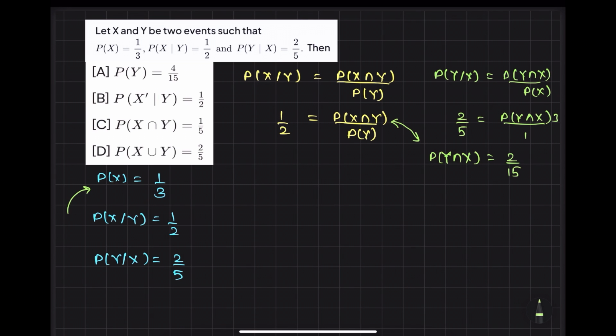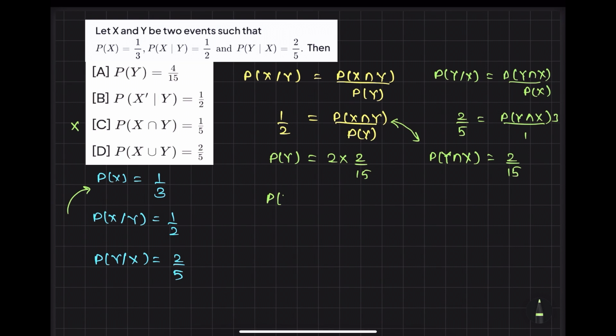And here look at this, they are saying that P of X intersection Y is 1 by 5, but you know it is 2 by 15, so this is wrong. Correct? Now we will substitute there, so we will get P of Y equals 2 times P of X intersection Y, so it is 2 by 15.